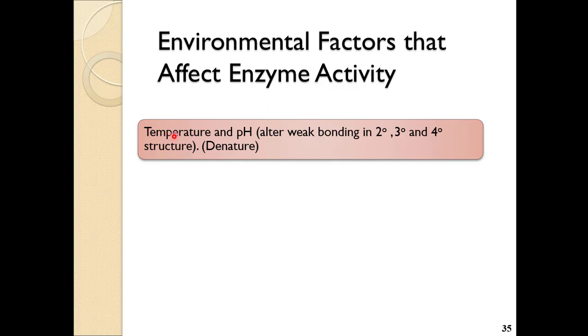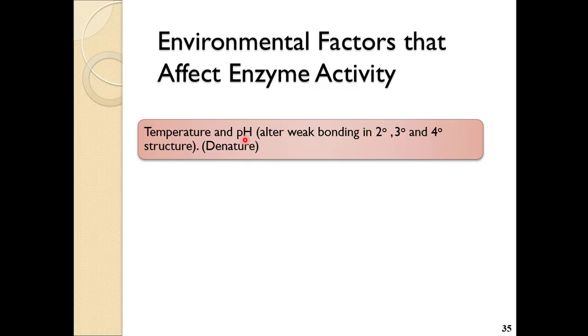However, within the human body, we have areas that have high pH and areas that have low pH. So the enzymes in those areas have to be specific to those pH levels. So for instance, within your stomach, we have very low pH because there's a lot of hydrogen in your stomach. This can easily denature an enzyme that's not accustomed to this low pH type of environment. So the enzymes within your stomach, so like pepsin, let's say, are actually engineered in such a way that they work in low pH environments.